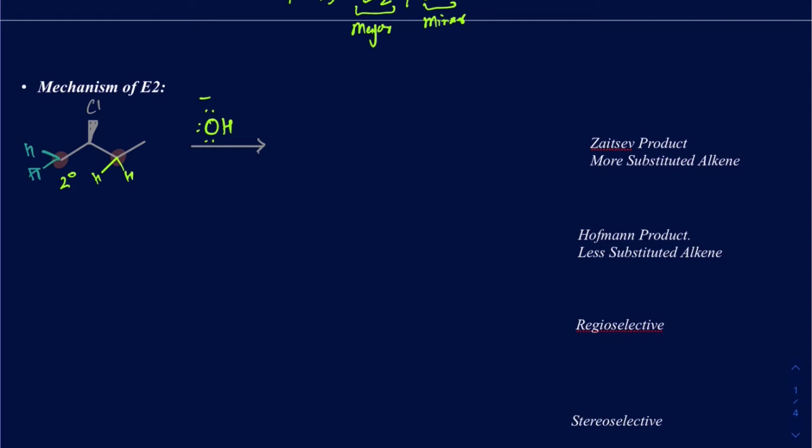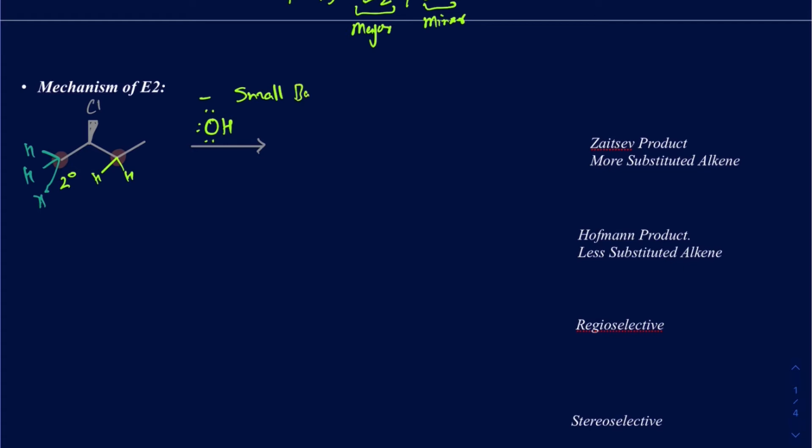So the question is, which one is it really going to remove? Because it has the possibility of removing both of those protons, and it turns out if you're using a small base, the small base has this tendency to go into the crowded places and remove a proton so that you make the most stable alkene.